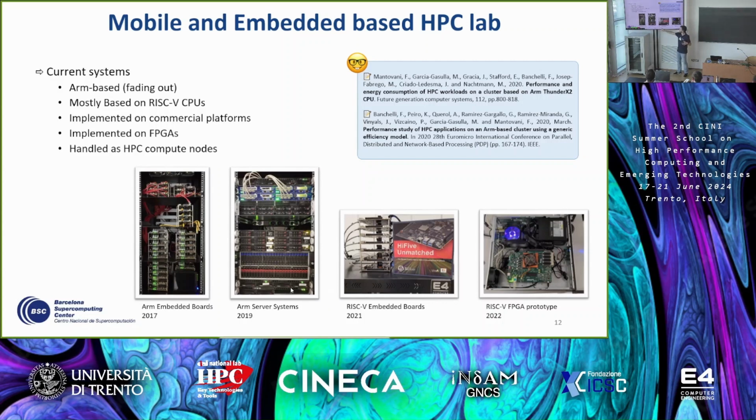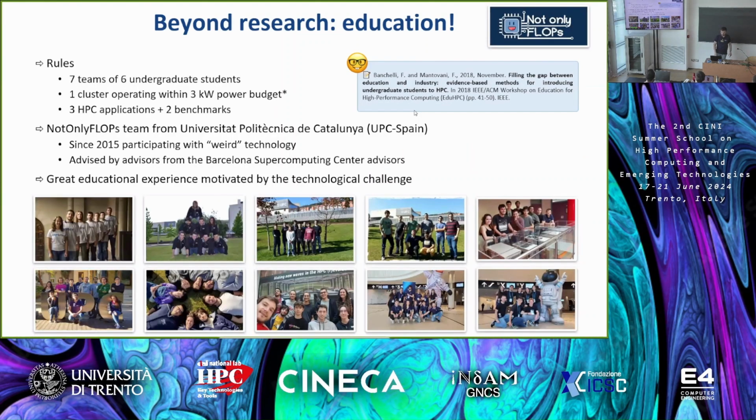And a couple of years ago, we got this, which you see is the same logo as the sponsor of this school, because here we have RISC-V technology installed into a cluster. That is the brother of the one you are using this afternoon. And this is an FPGA prototype that we are running nowadays. Here you see the nerdy face of the evaluations that we did in the past. If you want, you can find it online.